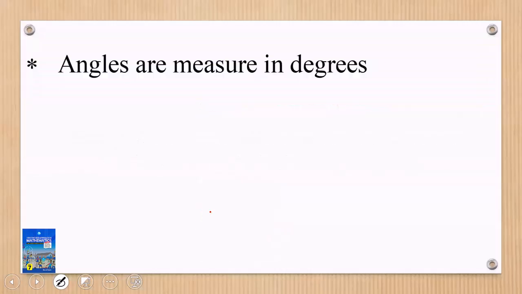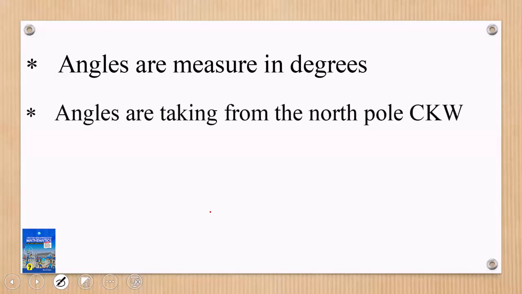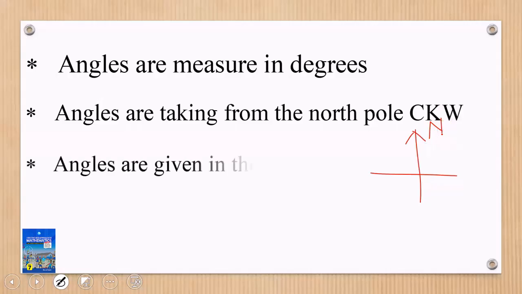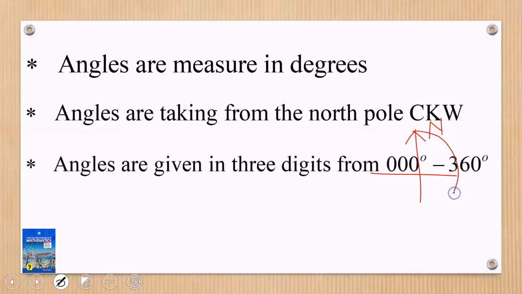Now when you come to three-figure bearing, which we are going to work on, here the angles are measured in degrees. Then they are taken from the North Pole. So it means here your angle is taken from the North Pole alone. And you must always go clockwise. In this bearing, you can't go anti-clockwise, and you can't start from any other point apart from the North Pole.